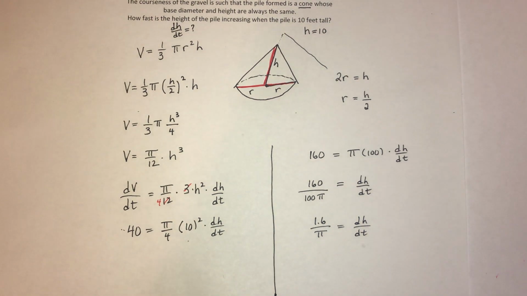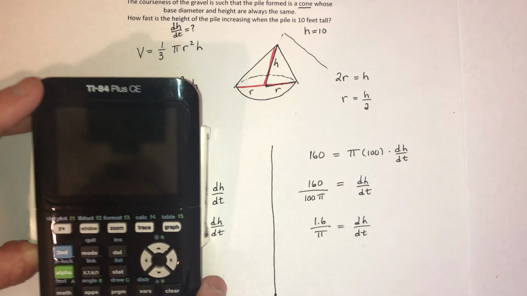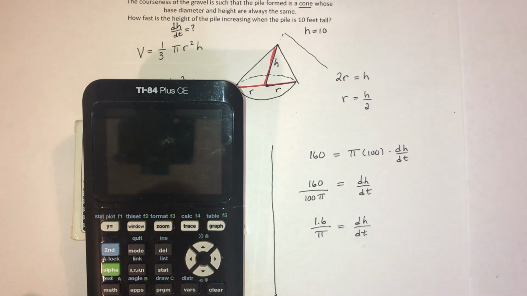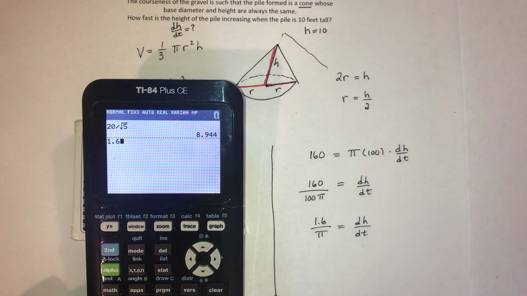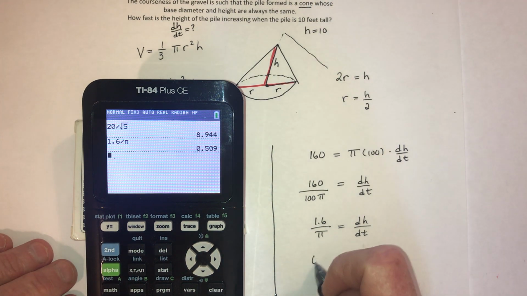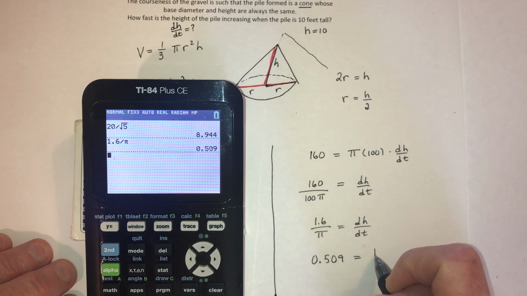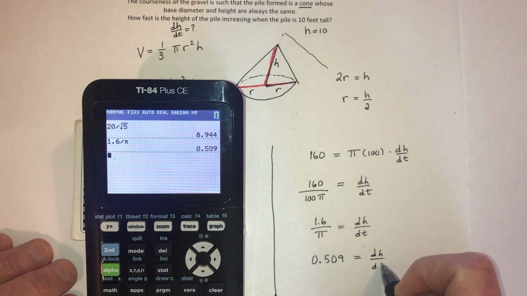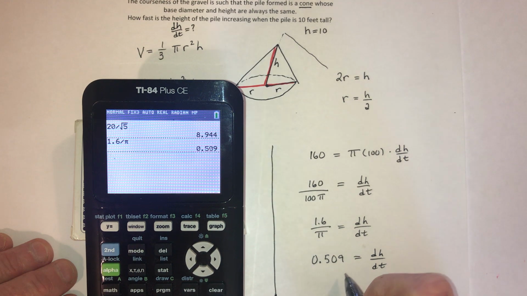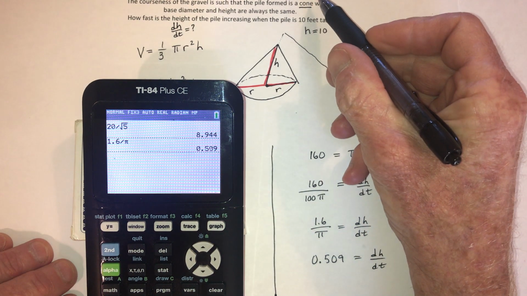Yeah, you're not going to be the most popular guy. So instead, just find a decimal answer. So how much is 1.6 divided by pi? 0.509. And then the units for that, it is in feet per minute.